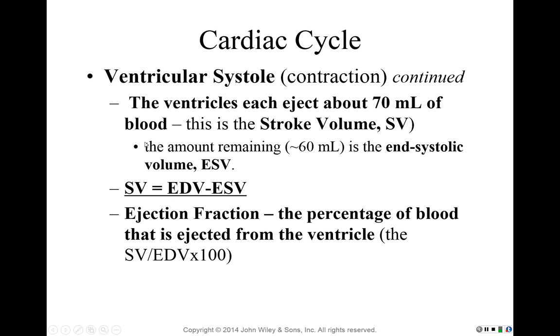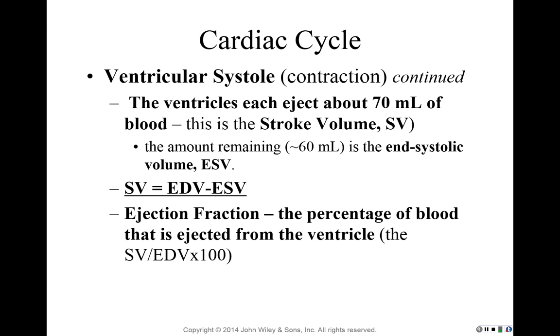But what we have is a normal ejection of about 70 milliliters. Again, a value I'm not asking you to memorize, but the concept is that the stroke volume is the amount of blood ejected with each heartbeat. We're measuring what's coming out of the ventricles. That's what's going either to the lungs or going to the body tissues.